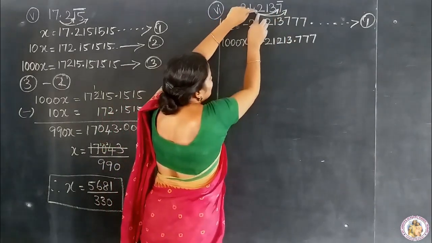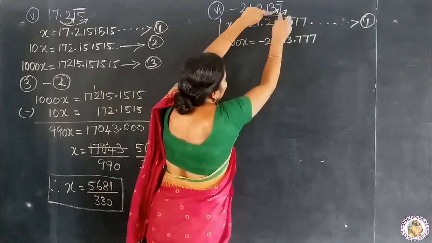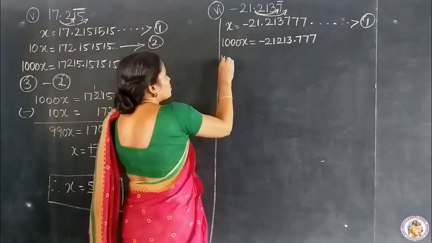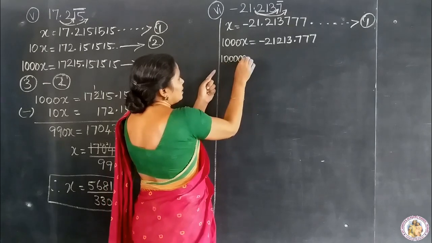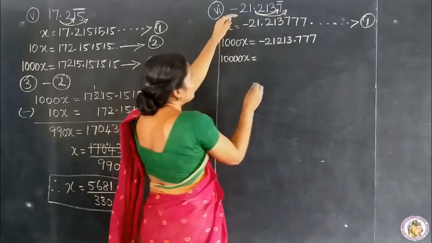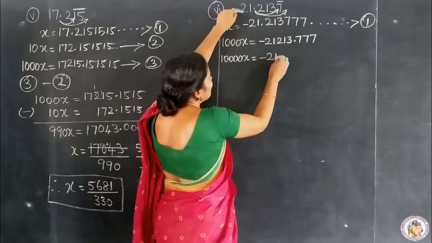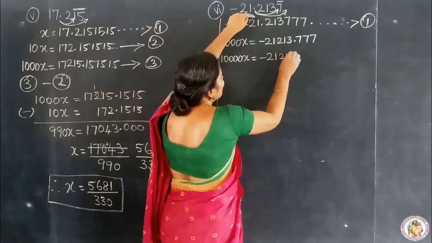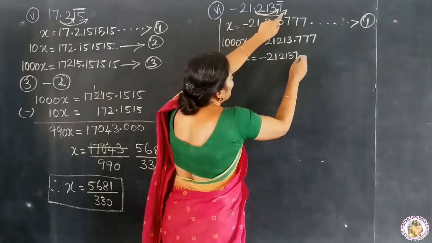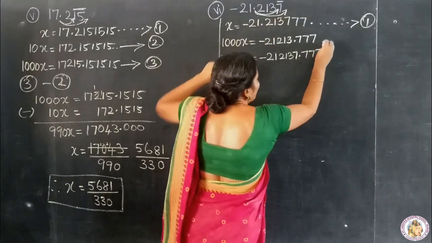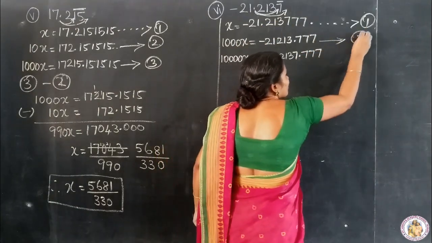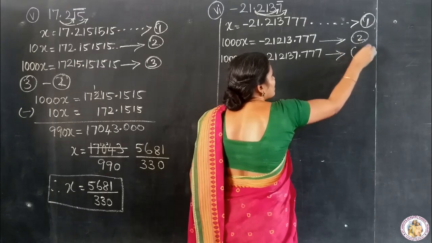So tens, hundred, thousand and 10,000. So 10,000 into x is equal to minus 212137.77. Okay, keep decimal and continue with 7. Taking this as the third equation.